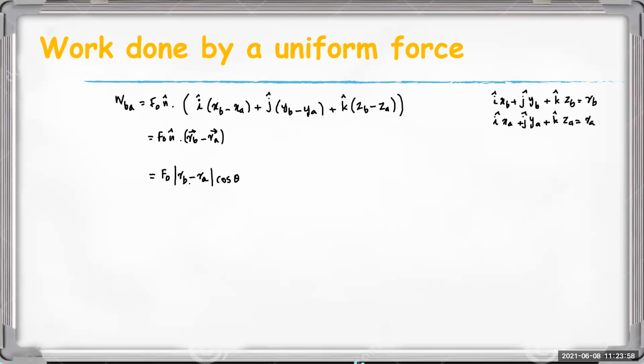So it is F0 modulus RB minus RA into cos theta, or I write it is equal to F0 cos theta into RB minus RA.